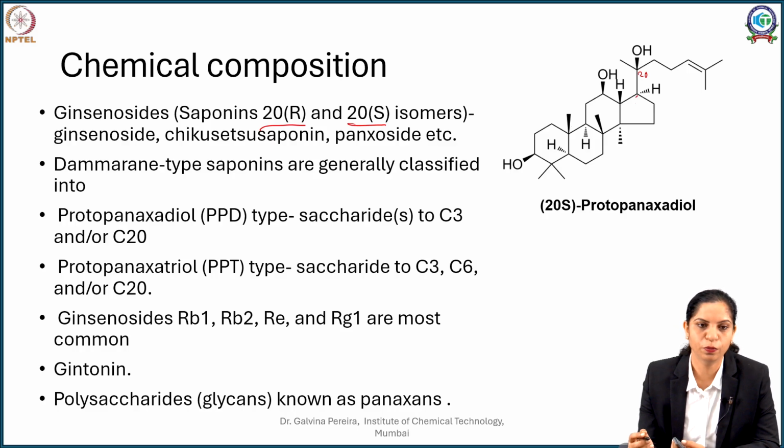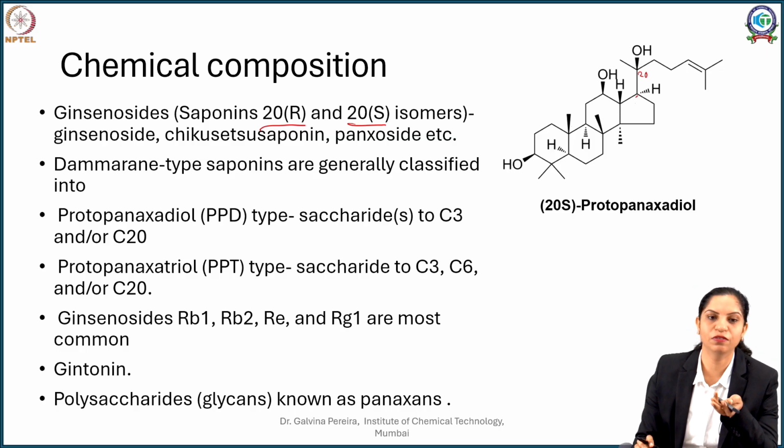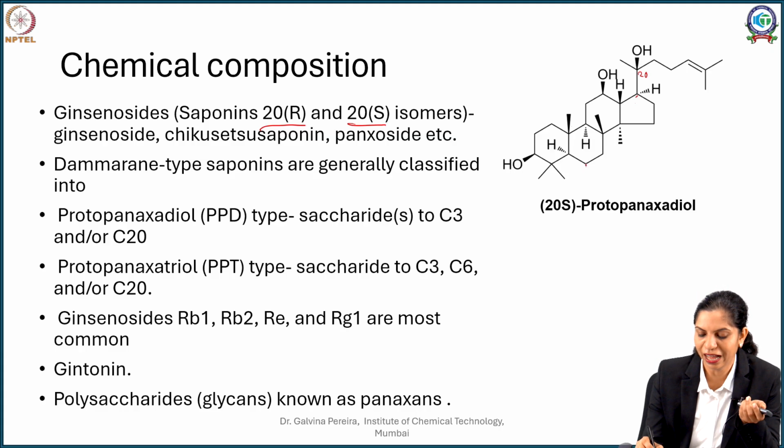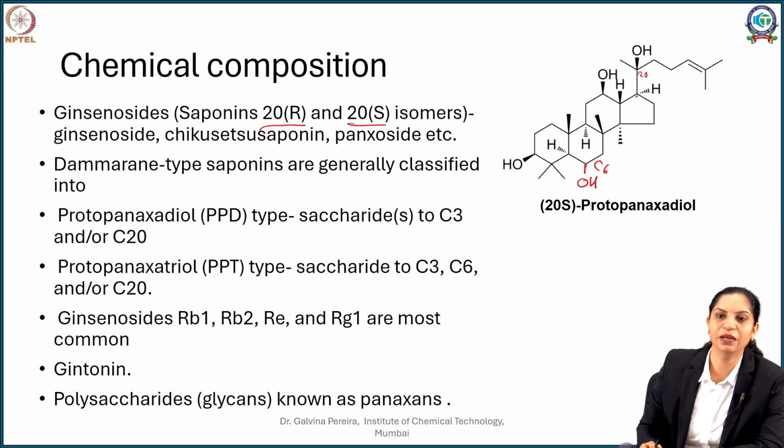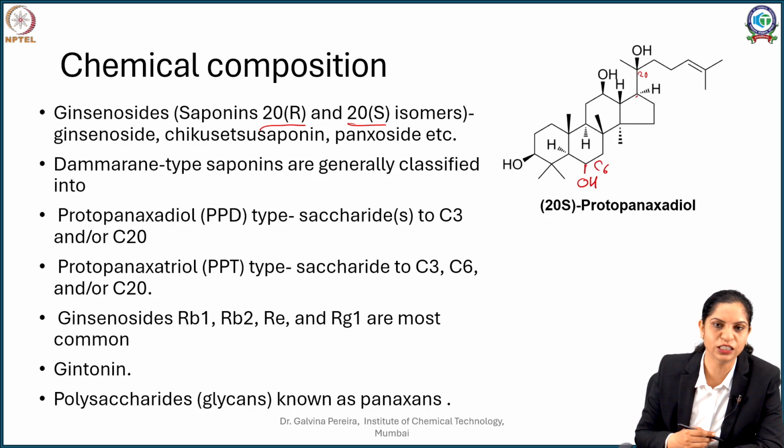protopanaxatriol. Protopanaxadiol will have a diol at C3 and C20, whereas protopanaxatriol will have an additional hydroxy here. This is your C6 position. So you will have C3, you will definitely have your C20, but in addition there will also be a hydroxy at your C6 position.